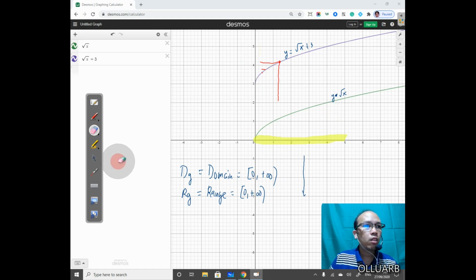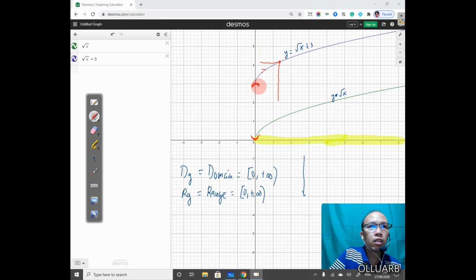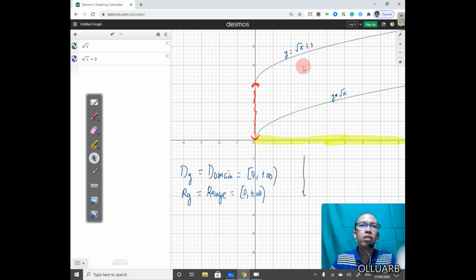In these values here, this is the domain, but these points here from 0 up to 3 are not counted in this equation. So the y values that count will only start from 3 up to positive infinity.